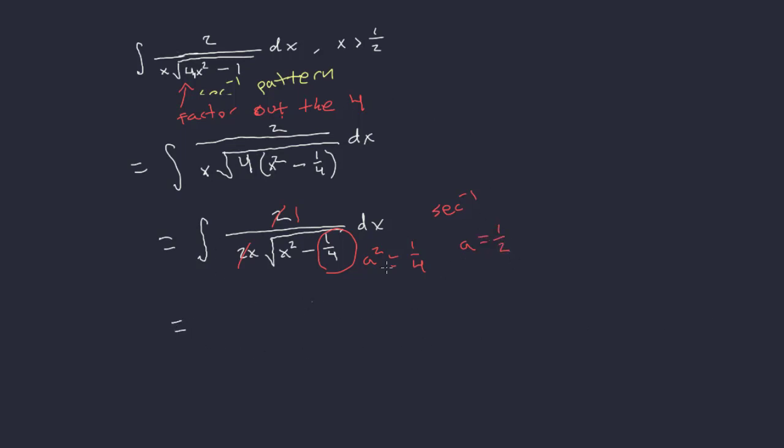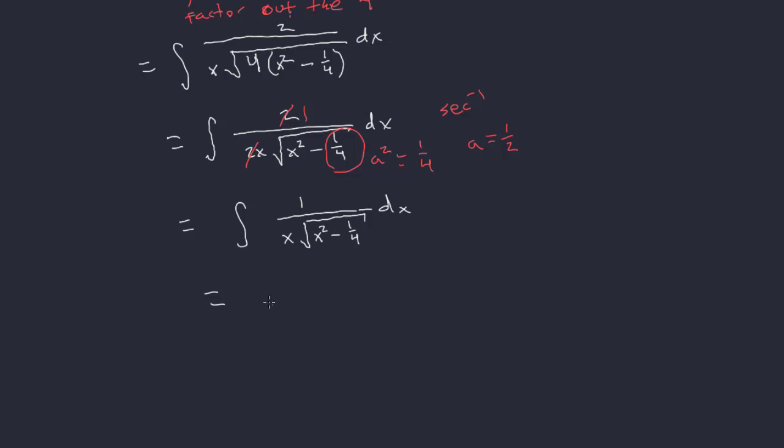Let me rewrite this just a little bit so it's cleaner. It is 1 over a, so it'll be 1 over 1/2 secant inverse of x over our a, which is 1/2.